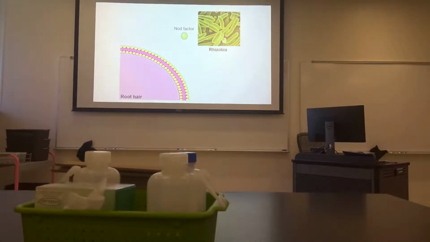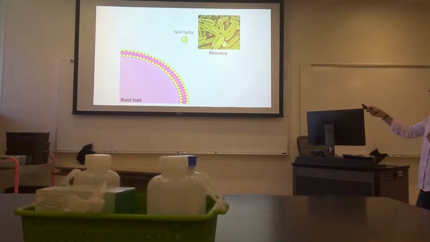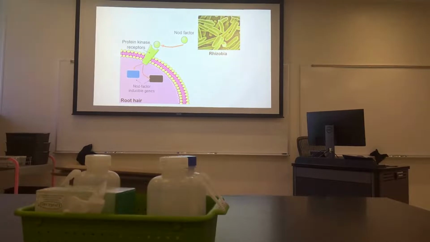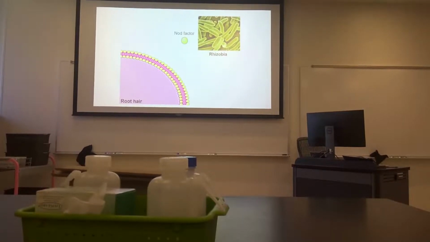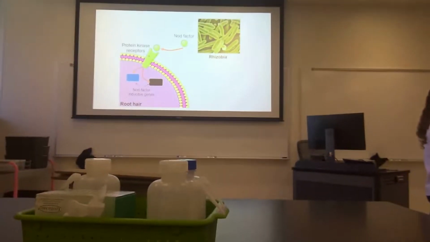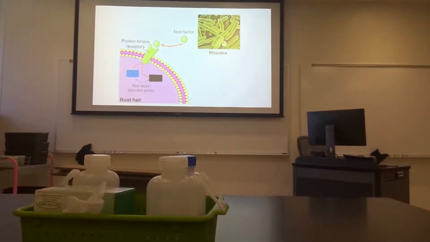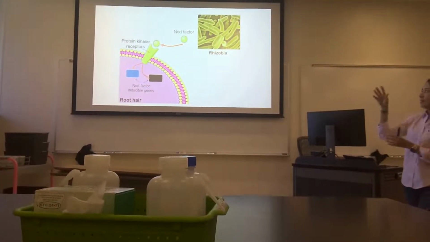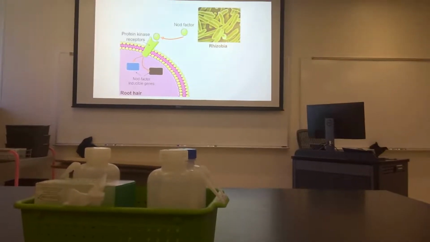So what happens is, let's say this is the surface of a root hair, membrane, and then you have your rhizobia. First the plant basically told the rhizobia to do something, right? So let's say the rhizobia are already releasing some of these nod factors. Once these nod factors are released, the plant feels those nod factors and says, okay, let's extend some of these root hairs, and we're going to use this curling mechanism, which is kind of like hugging those bacteria and bringing them close to the plant and actually into the plant.